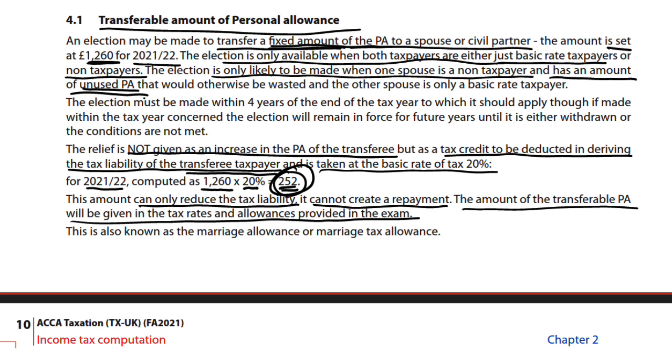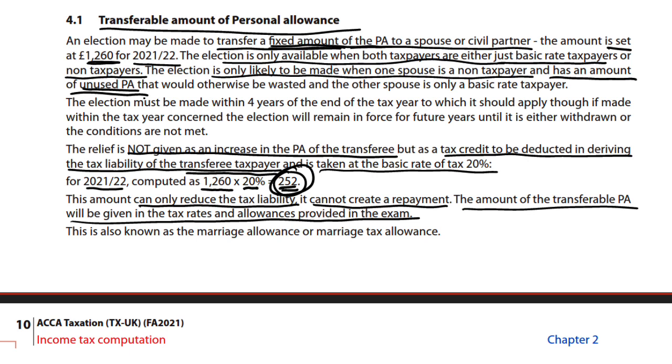If one spouse has income of £8,000 but a personal allowance of £12,570, clearly much bigger than their income figure, on that basis their taxable income would simply be zero, and they'd have wasted a significant amount of personal allowance.